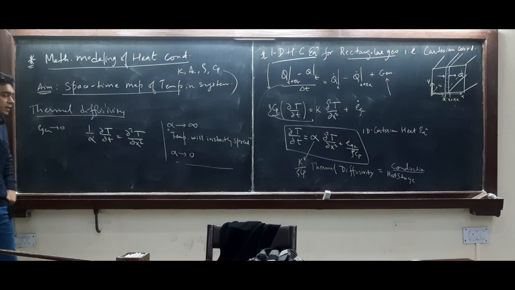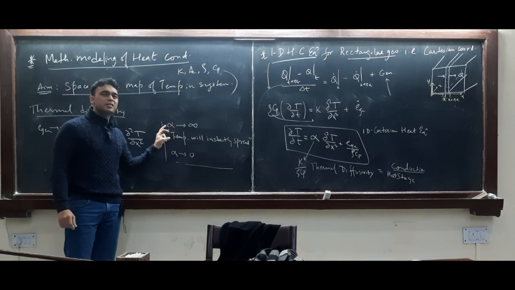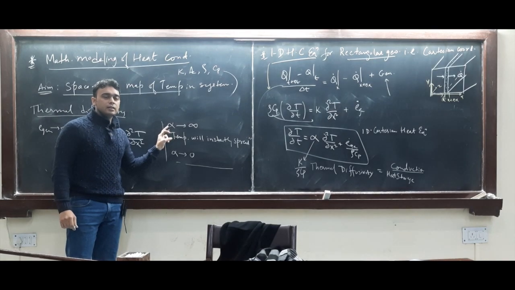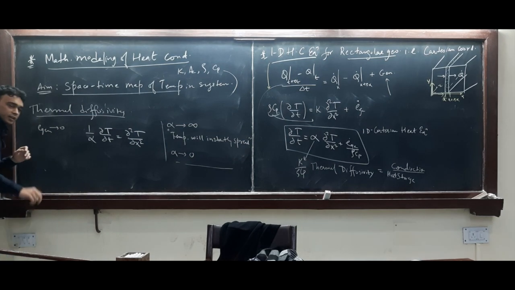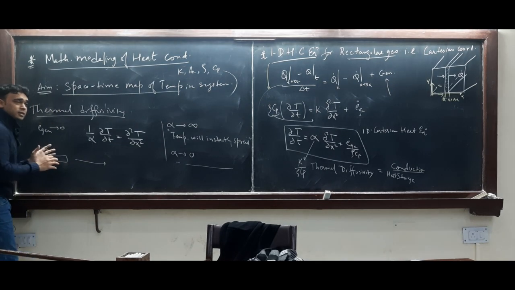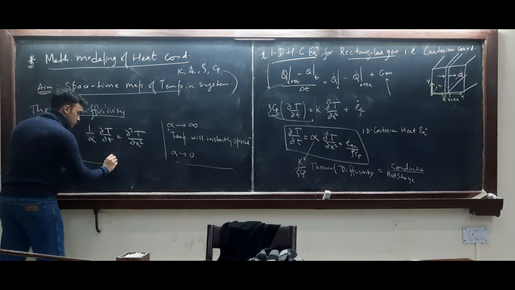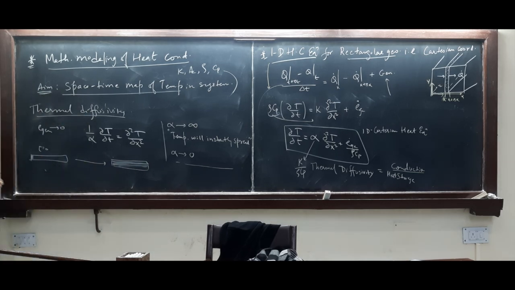Another way to look at this idea, that if alpha is really high, then in a very short time, let me give you an example. Let's take the example of the rod. At time t equal to 0, give some temperature at one end. After you waited a lot of time, your temperature spreads throughout the rod.